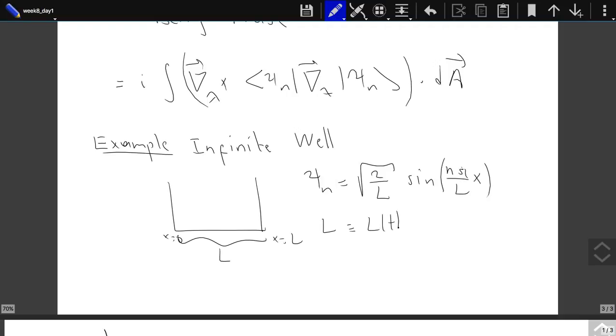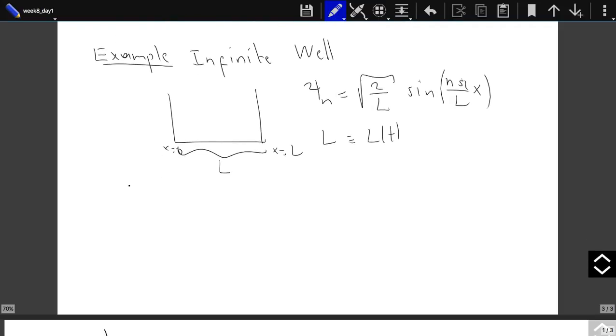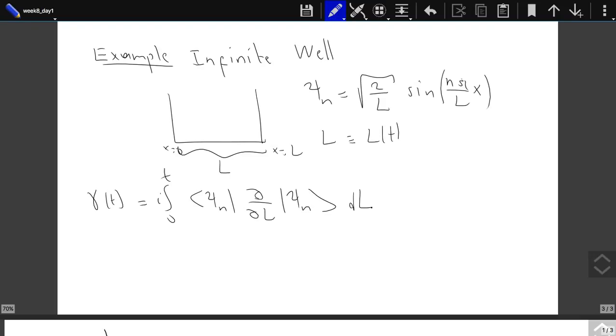So as time goes on, the length of the well will be changing. If you remember the definition, let's just factor out the gamma. This was equal to the integral from 0 to t of i times psi n, del by del L of psi n. This is our phase, dL.